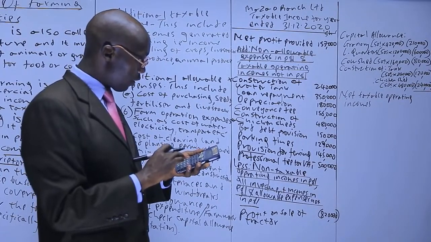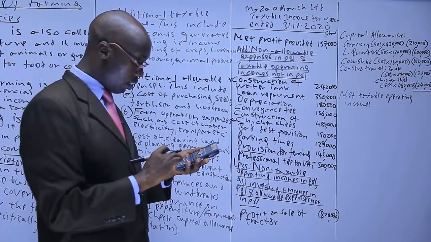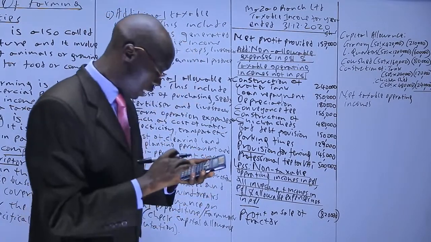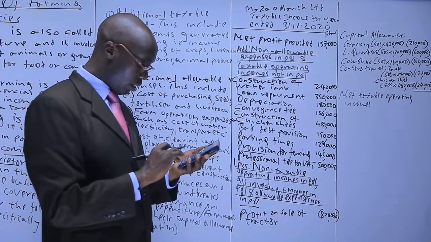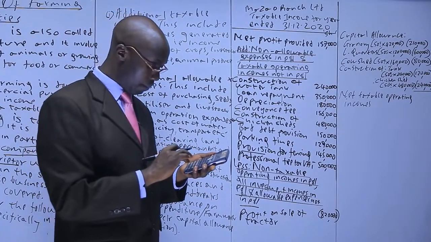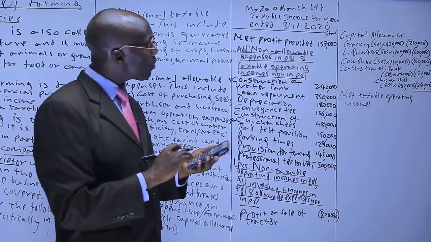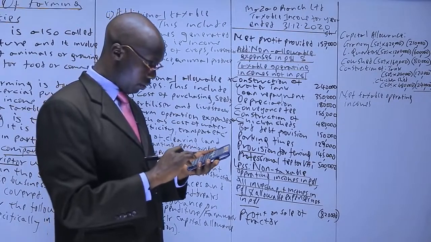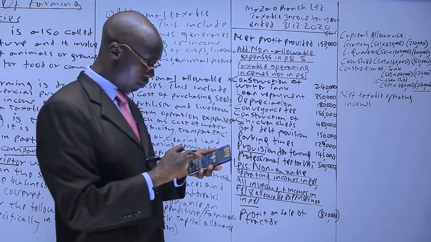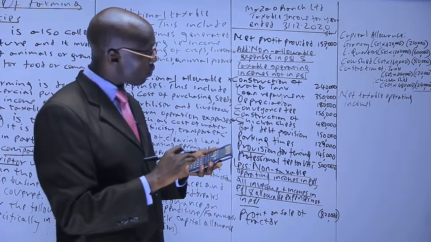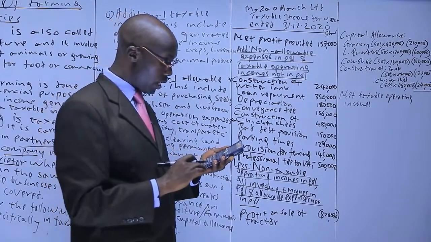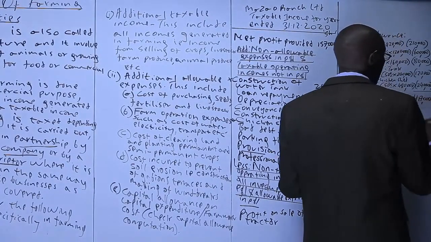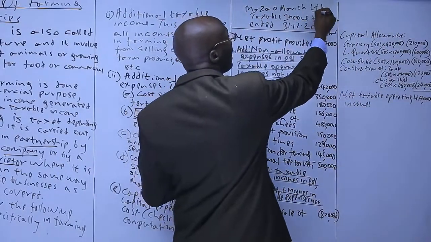We add 500. And then we minus the 820. We minus 210. We minus 600. We minus 80. We minus 120. And we minus 240, which we have 417. So this is 417,000.